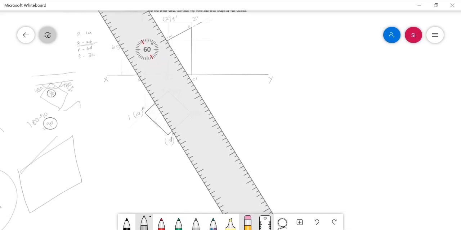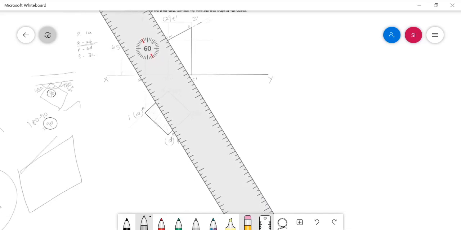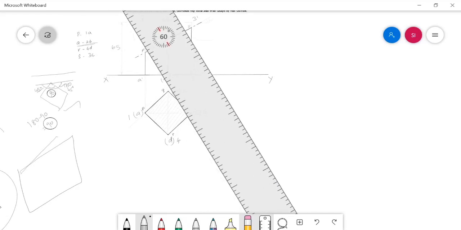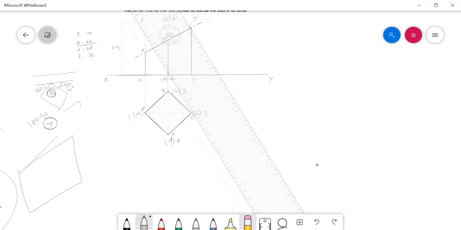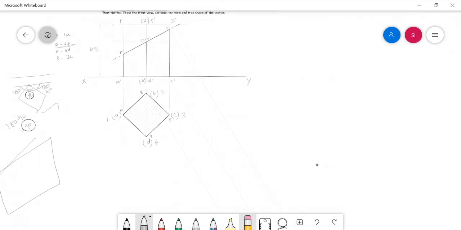I am projecting point P dash and projecting Q dash and R dash, and now S dash is projected.